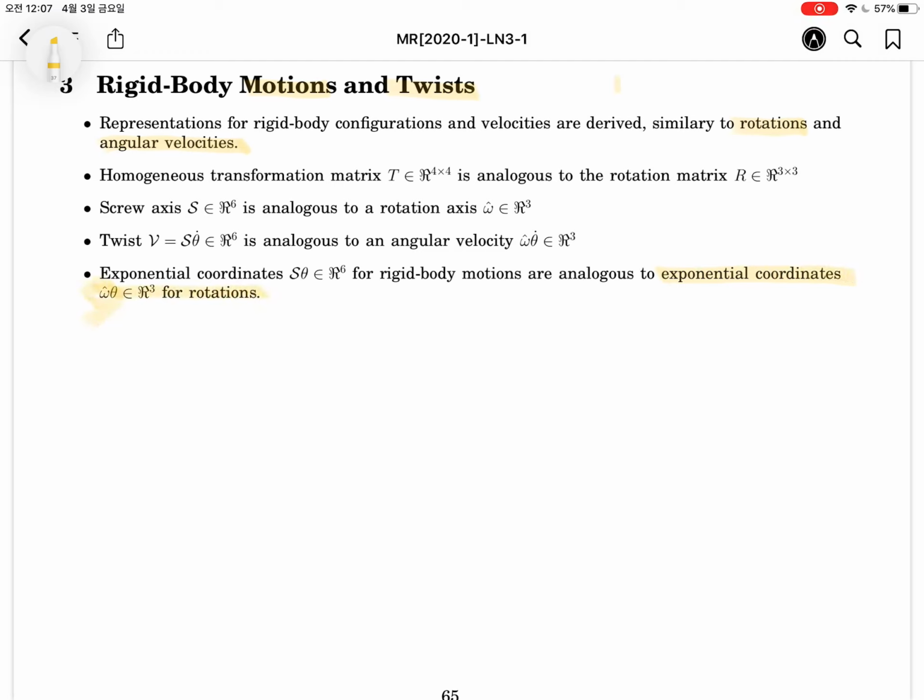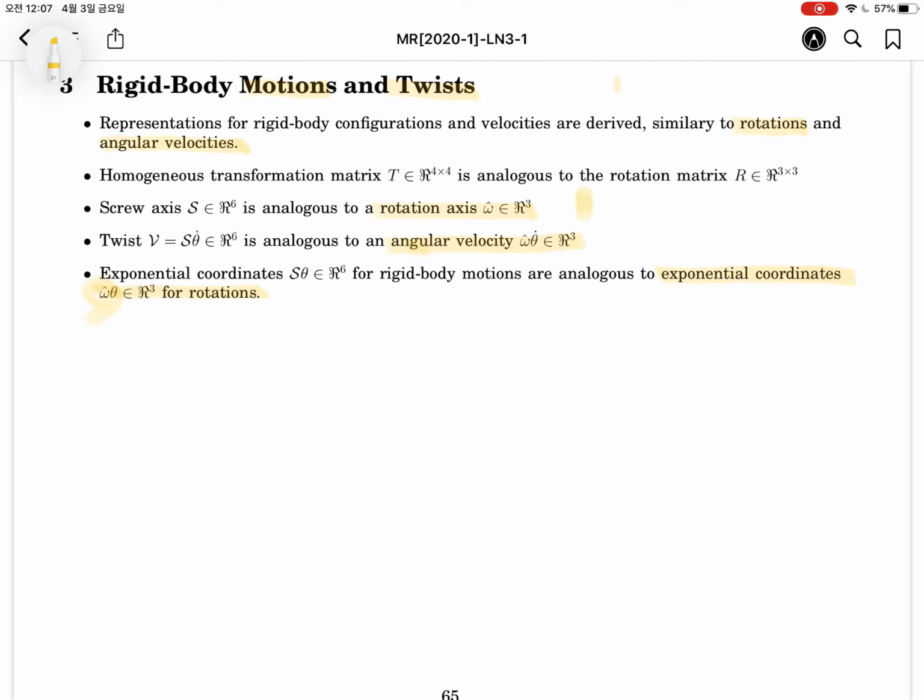Actually, this is the rotation axis and the rotation angle theta. By taking a time derivative of theta, we defined the angular velocity using the rotation axis and the angular velocity as a scalar. This kind of concept will be extended to the rigid body motion.